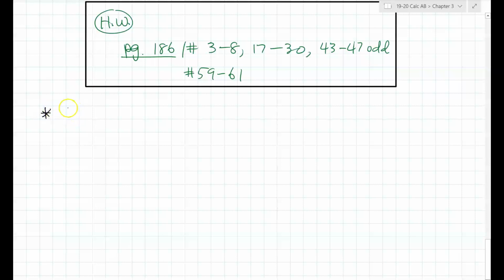So this is section 3.3. And it's based on increasing and decreasing functions.